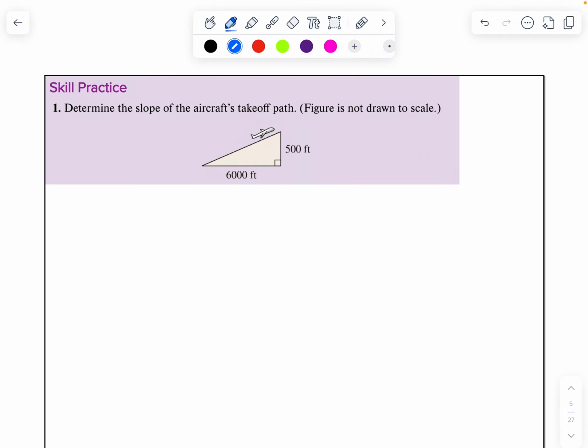If you wanted to find the slope of the aircraft's takeoff path, I'm going to again calculate it as rise over run. We rise 500 feet. We run 6,000 feet. If we simplify that, that's the same thing as 5 over 60, or 1 over 12.